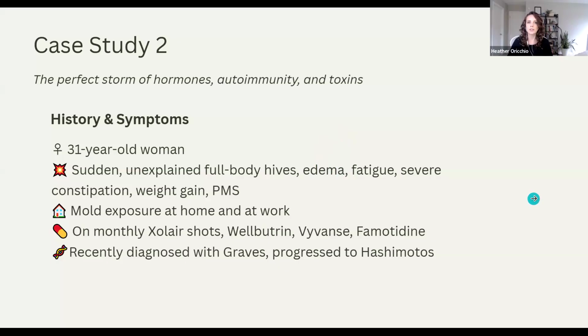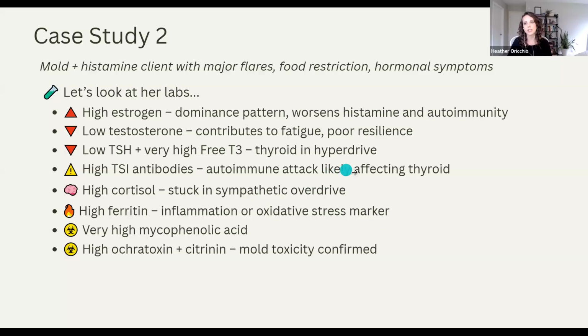So when I looked at her labs, she did have high estrogen. She had estrogen dominance, low testosterone. So of course, this was contributing to the fatigue. She had low TSH, very high T3. And so what had happened, she was working with either an endocrinologist or some type of specialist who had her on not just thyroid medication, but they had also recommended she take a natural supplement to support thyroid.